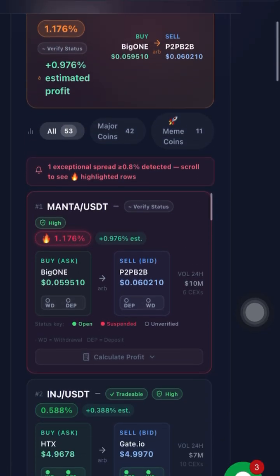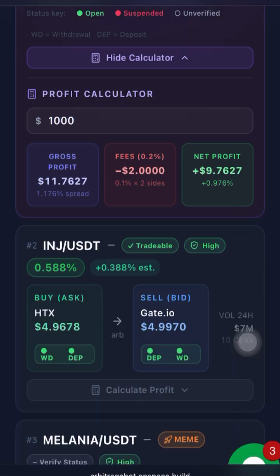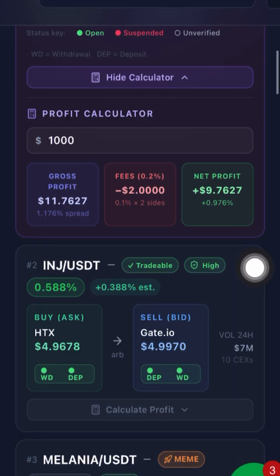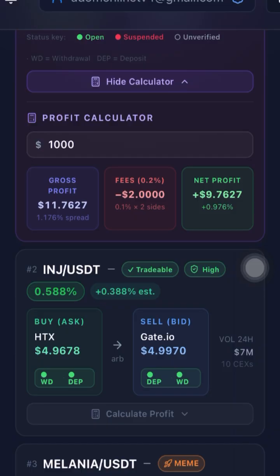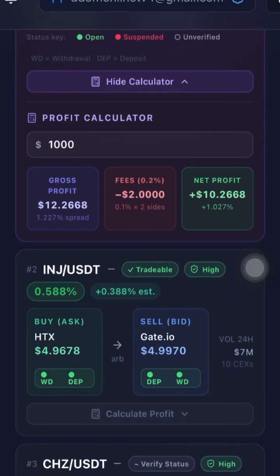If I want to trade this coin with $1,000, it calculates and tells you that after everything, I'll be making $9.7627 as profit, after all the fees, the trading fee, the withdrawal fee and so on. Right now I'll be getting $10.26.